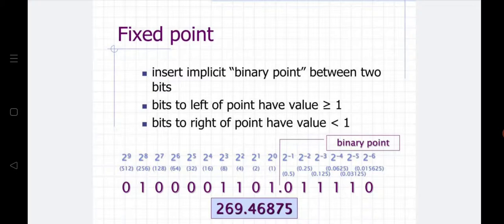Bits towards the left of the point have a value greater than or equal to 1. Bits towards the right of the point have a value less than 1. So a point is nothing but your binary point.